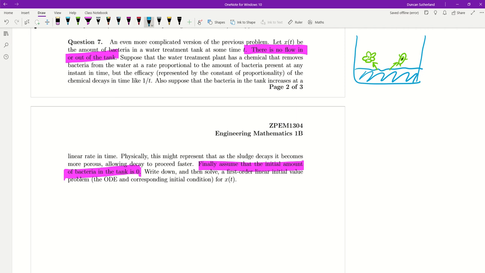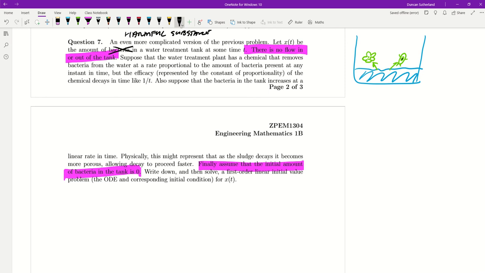You can, I guess, if you wish, instead of saying bacteria, say harmful substance, and so on, right? And just assume that it's not cellular life, it's some chemical that's being produced by a reaction in the sludge.